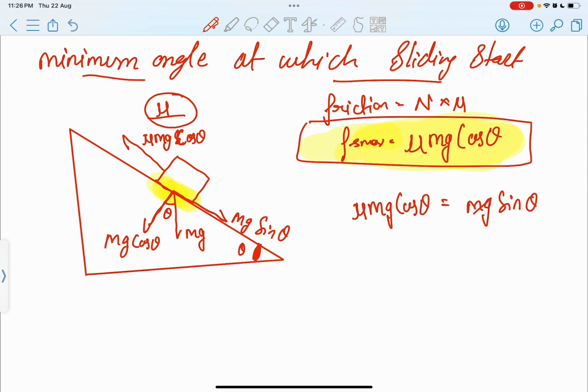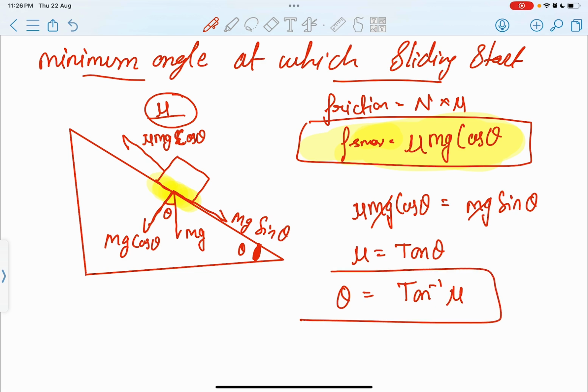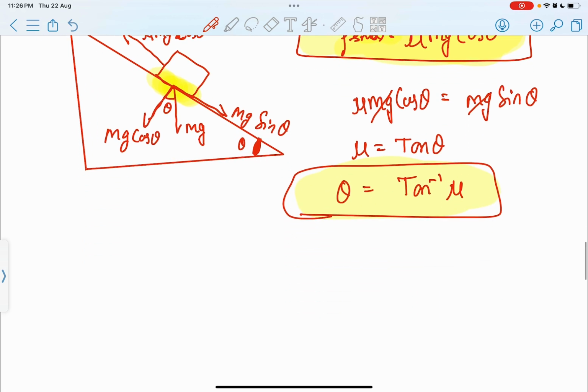From here mg cancels with mg, and mu is equal to tan theta, so theta is equal to tan inverse mu, and this is the angle which we have to find, and that is what is known as angle of repose. So here we have found it.